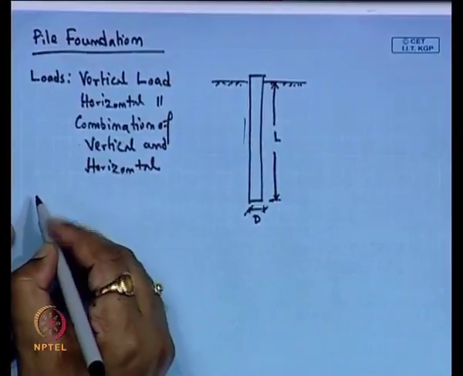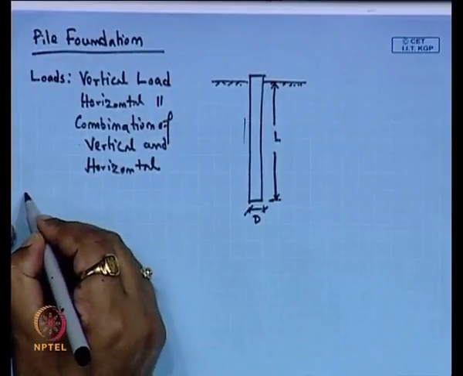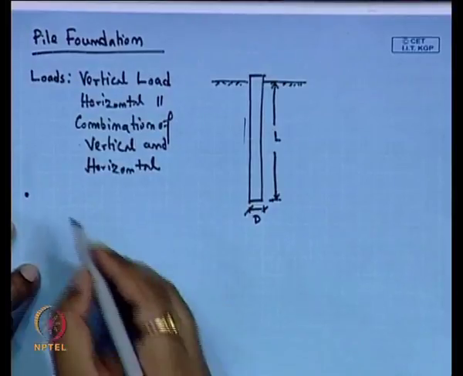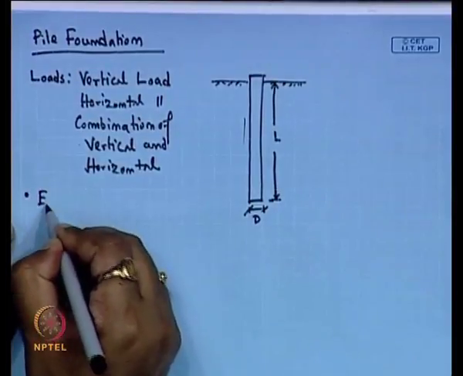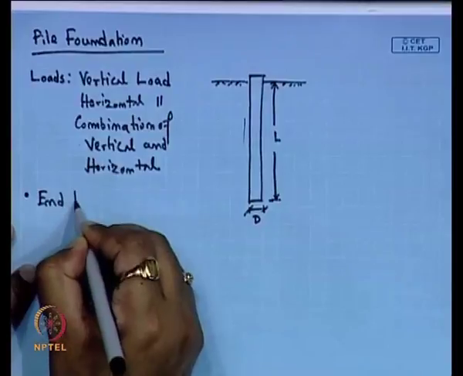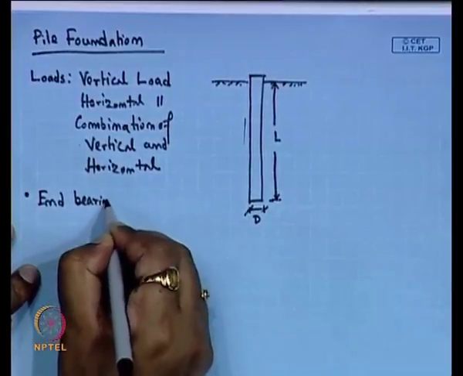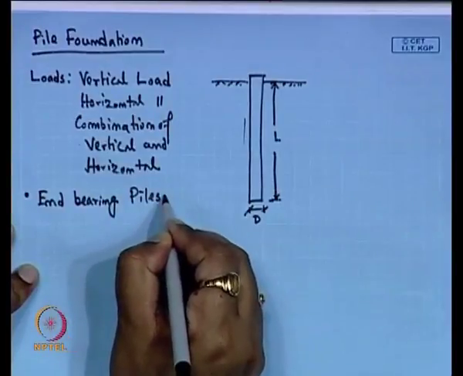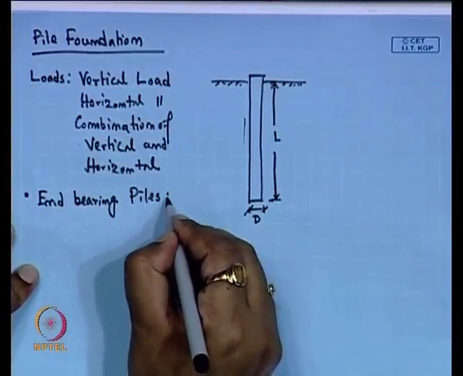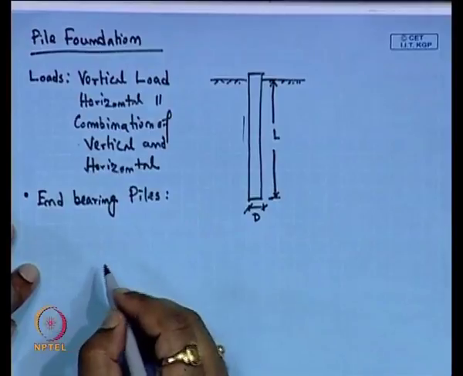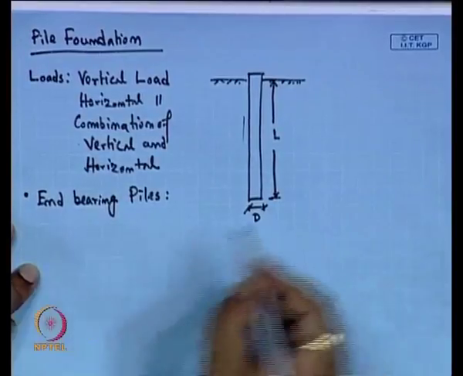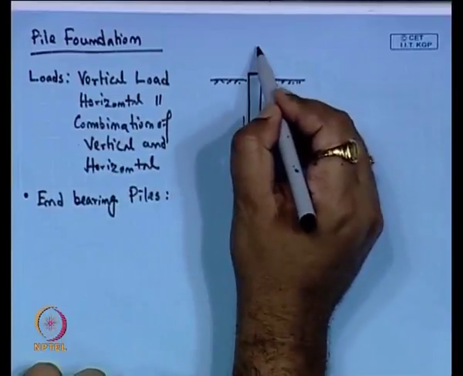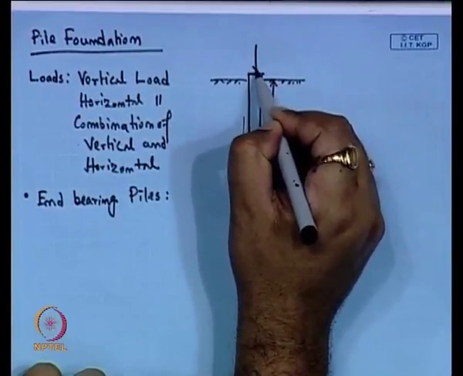Now, there are different types of piles based on their performance. The first one is the end bearing pile. Suppose this is the vertical load we are applying here.